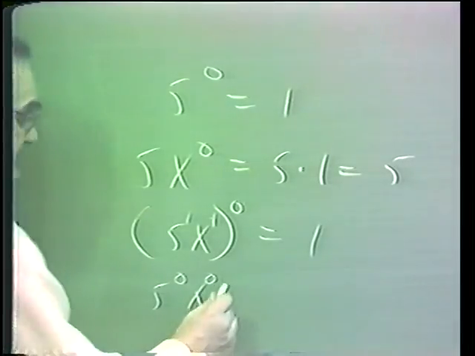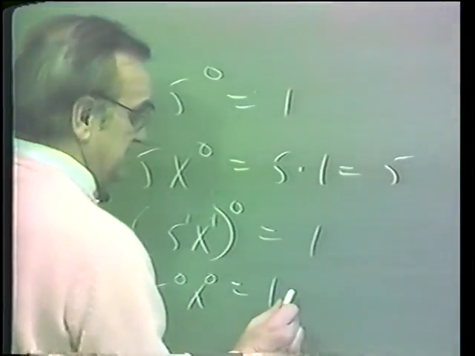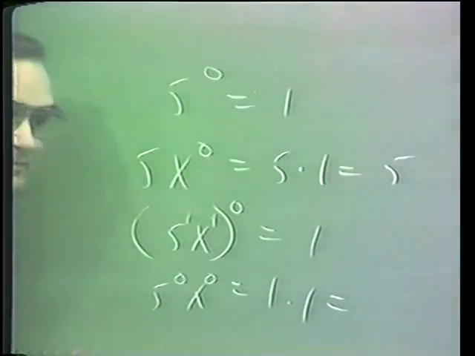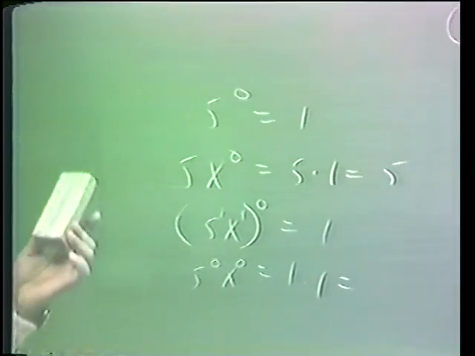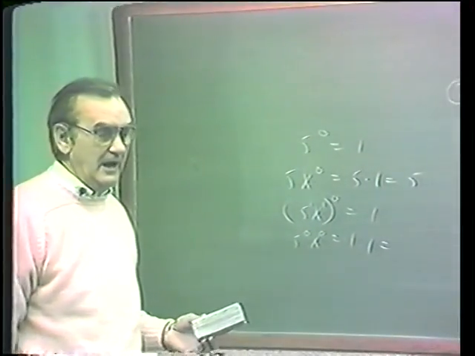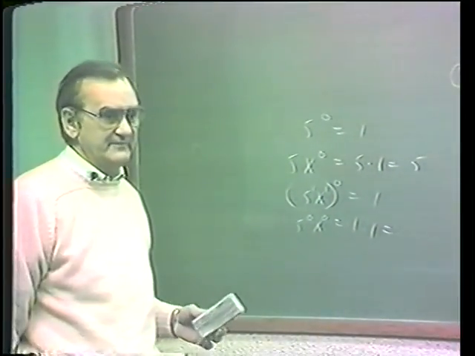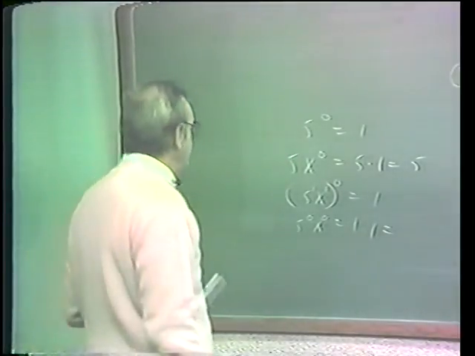But 5 to the 0 is 1, and x to the 0 is 1. We come out with 1 times 1, which is 1. So remember that, very important. What we have done here is introduce a new exponent, one we never had before, 0. All our exponents before were always positive whole numbers. Now we have a brand new one, 0.